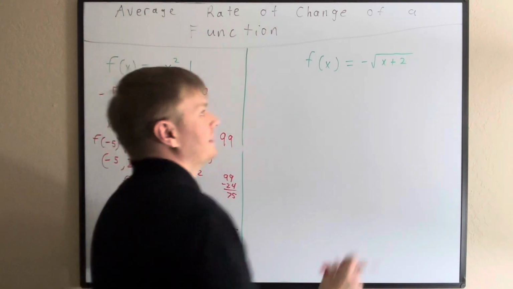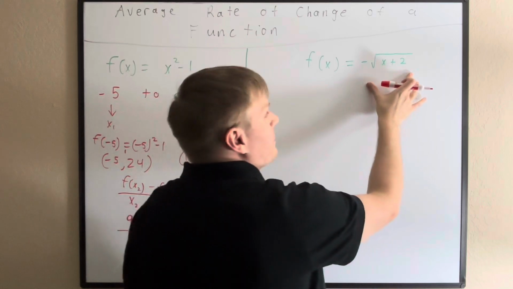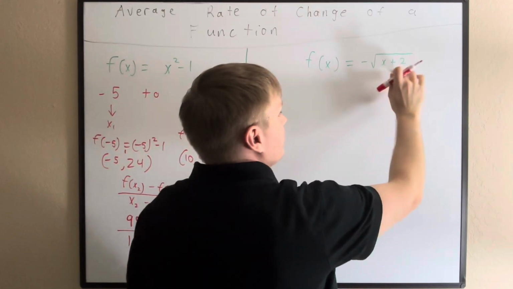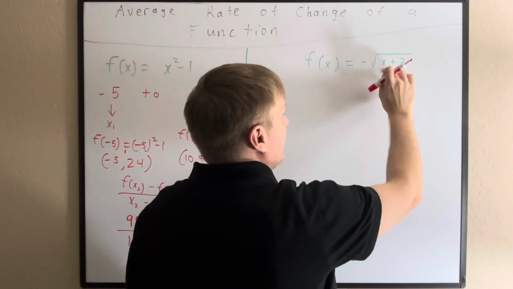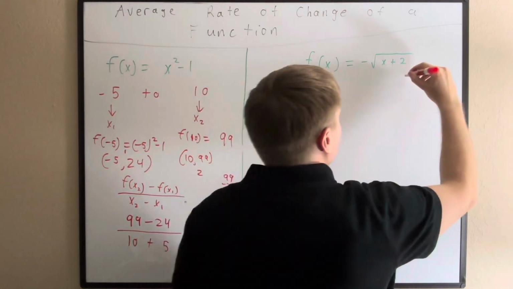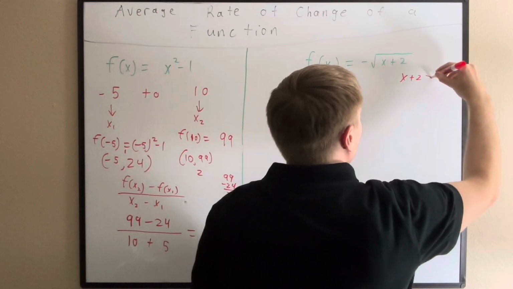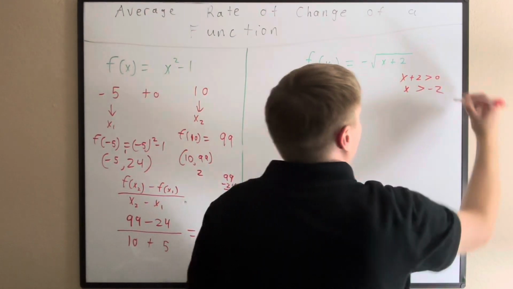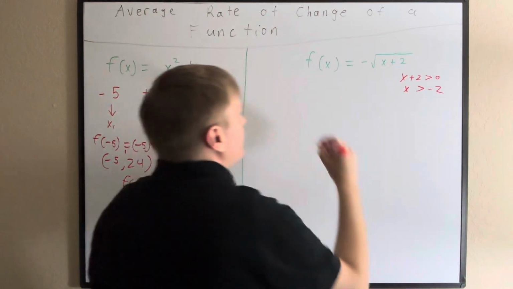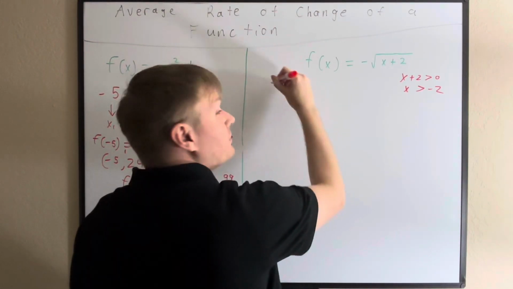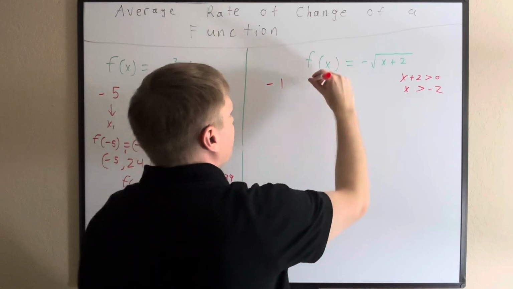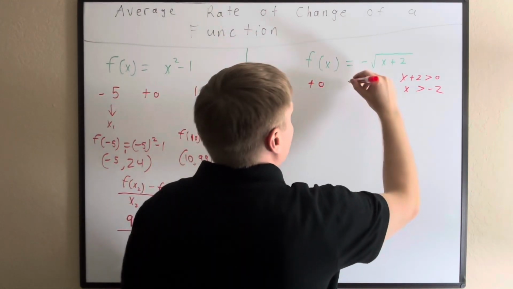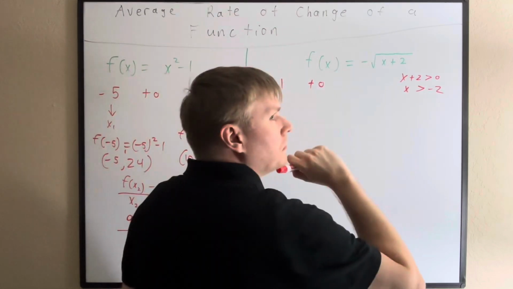Now, you have to keep in mind the domain of this one, because what's underneath this square root cannot be negative. So x plus 2 must be greater than or equal to 0, so x must be at least -2. So what if we want to know the average rate of change from -1 to, I don't know, 23?